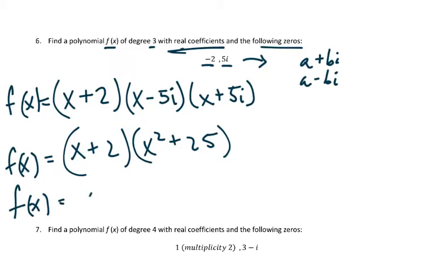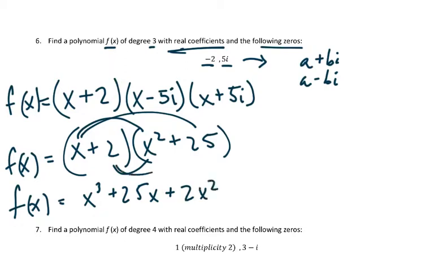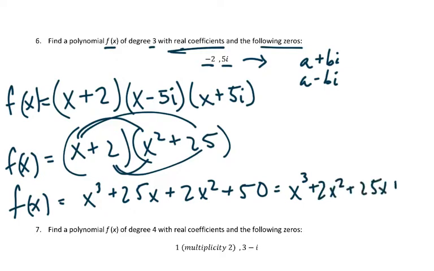X times x squared is x to the third. X times 25 is plus 25x. 2 times x squared is 2x squared. 2 times 25 is 50. I could rewrite this so that it's in the correct descending order. X to the third plus 2x squared plus 25x plus 50.